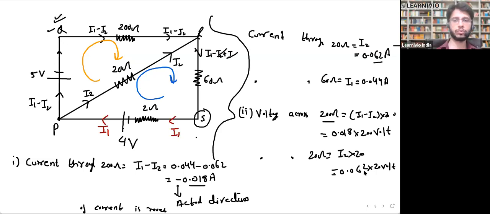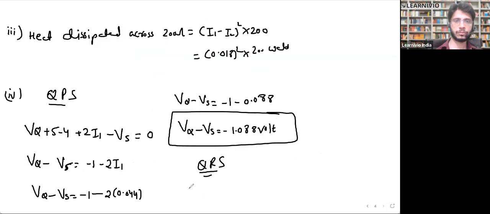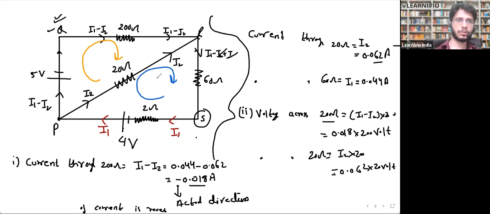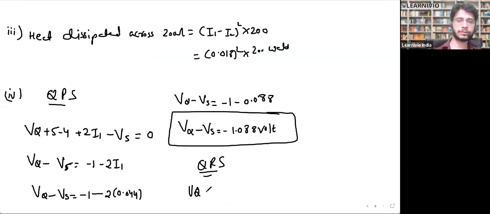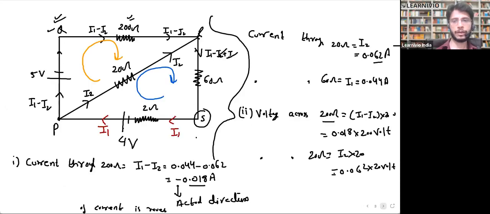Write this as VQ. Now, Mariam, what will be the potential here? 200 ohm resistor. It will be positive or negative if you're going from Q to R? So it will be negative, right? So it will be minus 200 (I1 minus I2).